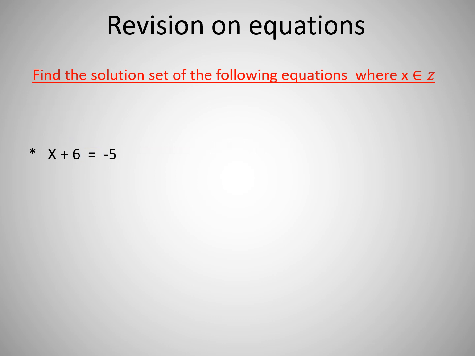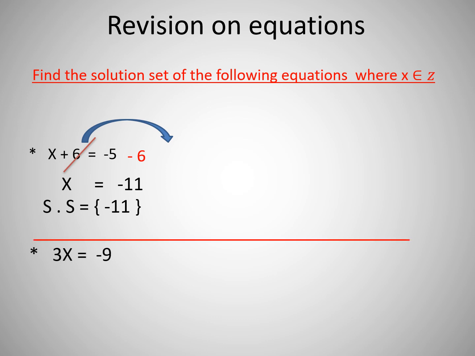Firstly, we will move or translate 6 to the opposite side, the inverse side, by inverse operation will be -6, and the remaining is x alone in the left hand side, and -5 - 6 equals -11. So the solution set is -11.